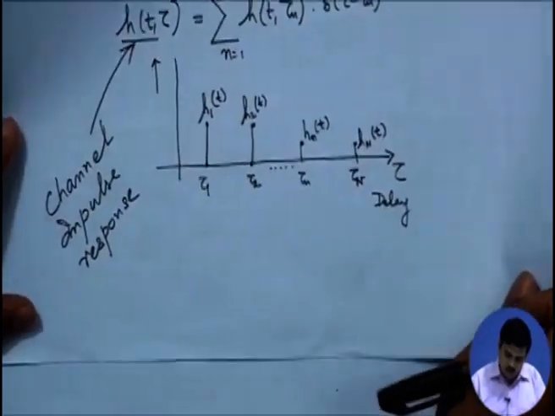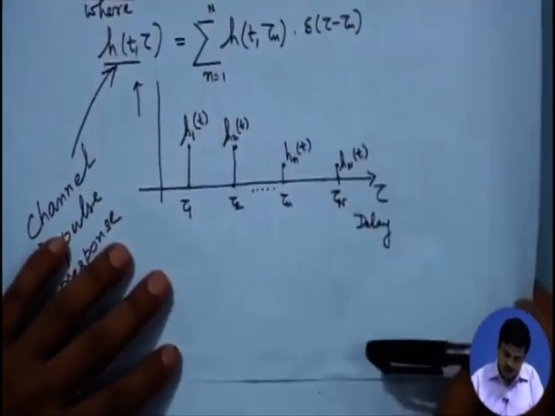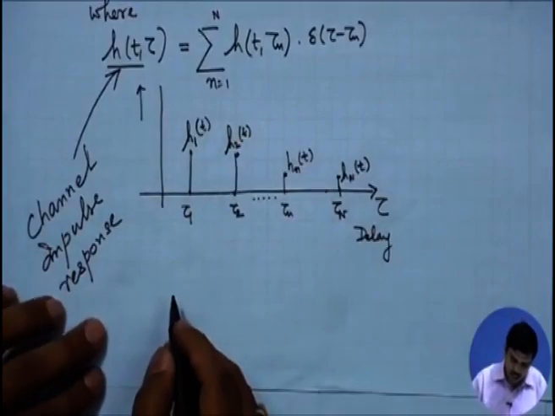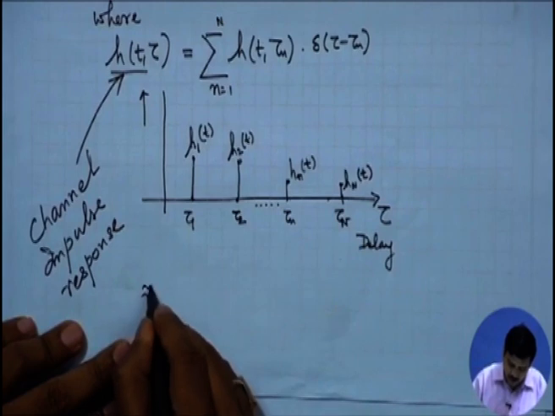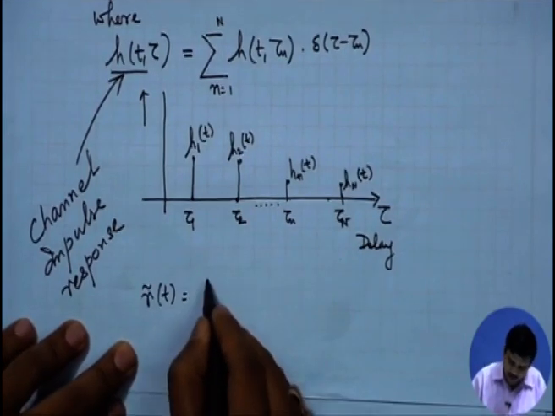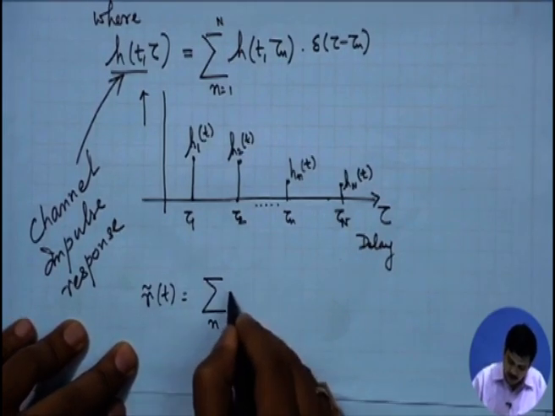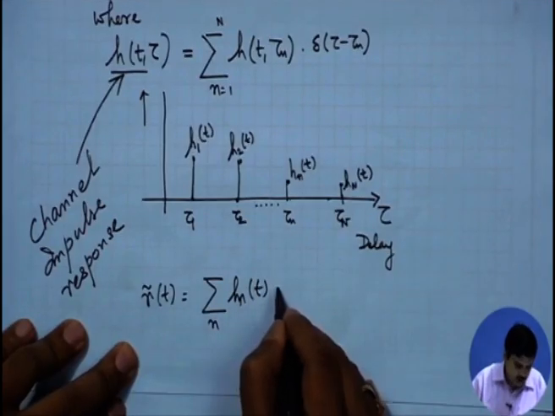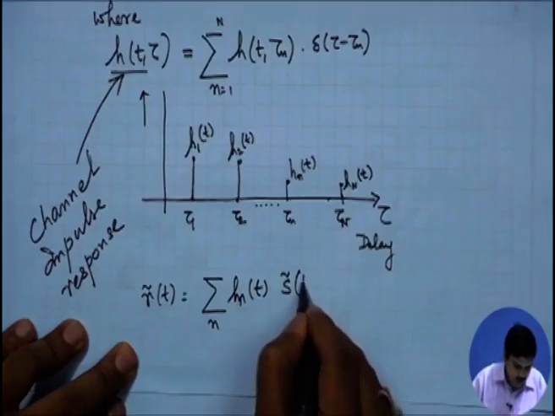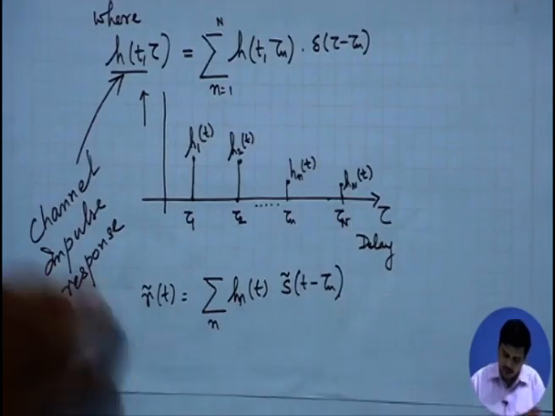So, we could also look at this expression, that means r tilde t, which we have been writing, is equal to sum over n h n of t multiplied by s tilde t minus tau n.